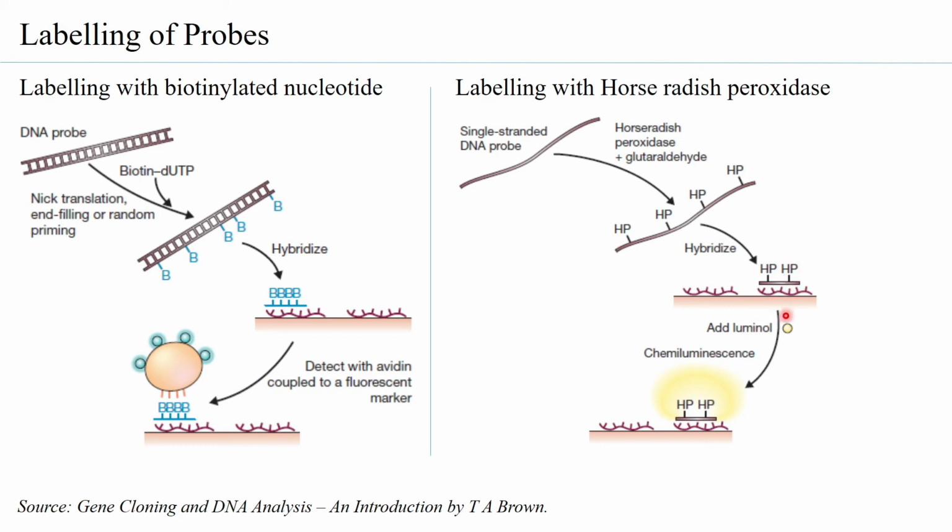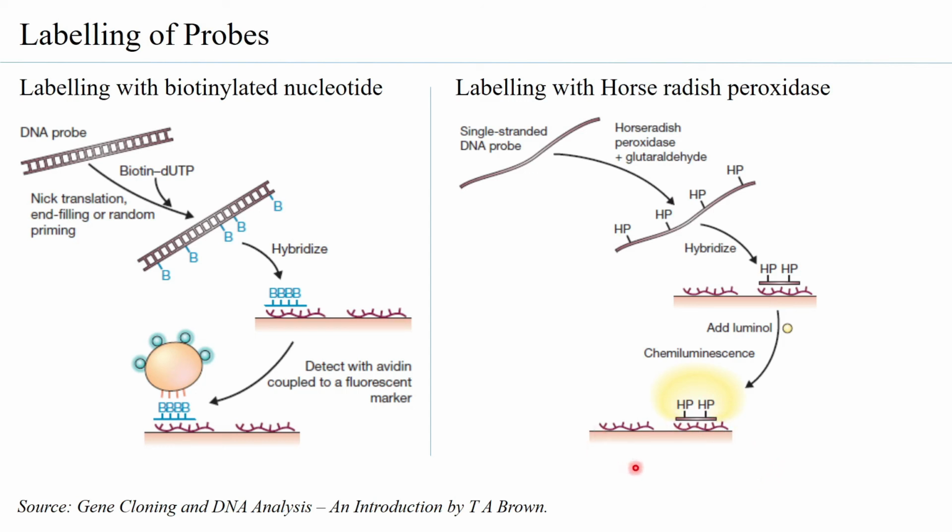During the chemical reaction, the substrate luminol, which is added, can be acted on to give rise to what is called chemiluminescence. So a glow of light is formed, and this glow of light can be observed. Wherever in the nitrocellulose membrane you have the glow of light, you know that is the place where the colony existed and had the gene of your interest.